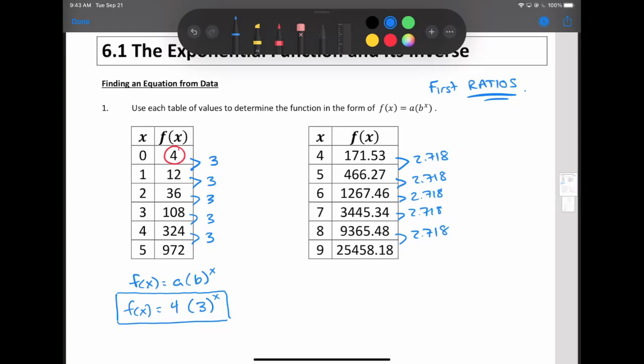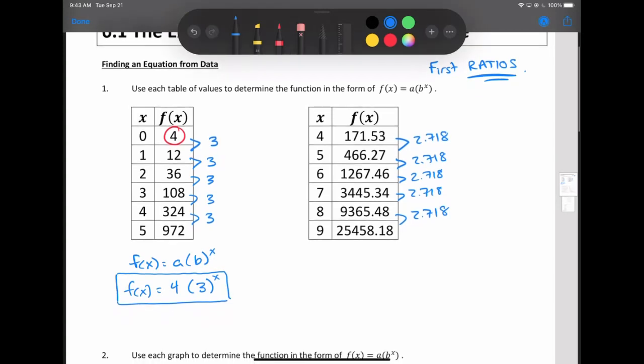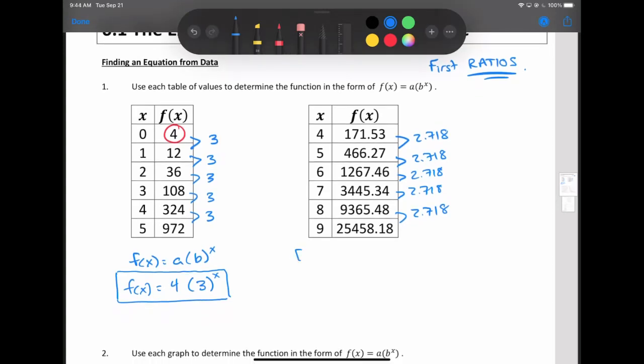Okay, so now I know that I've got something in the form of f(x) = a times b to the x, where b is 2.718. And unfortunately here, I don't have an x equals 0 value to read off.